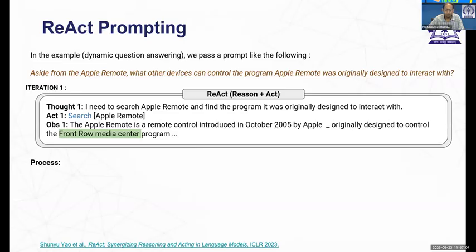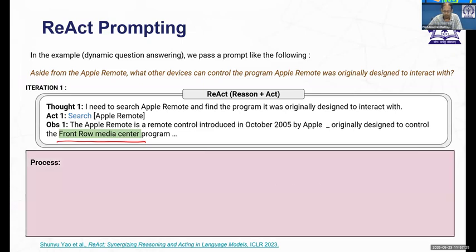The Apple Remote is a remote control introduced in October 2005 by Apple, originally designed to control the Front Row media center program. So in this first round, it is basically getting the activity of this Apple Remote. Basically, it controls the Front Row media center program. Okay. So then it processes this in a way. The LLM generates an initial thought based on the prompt, thought 1.